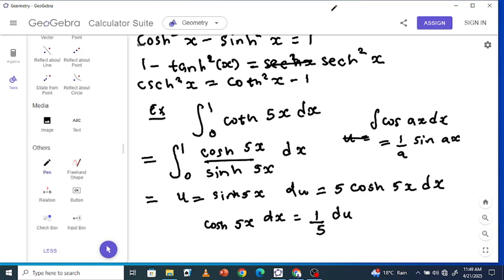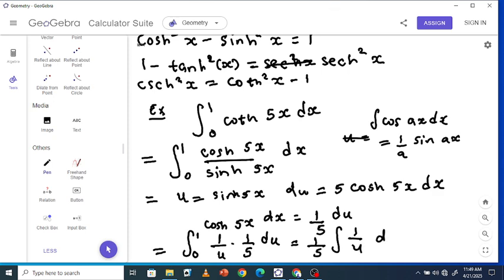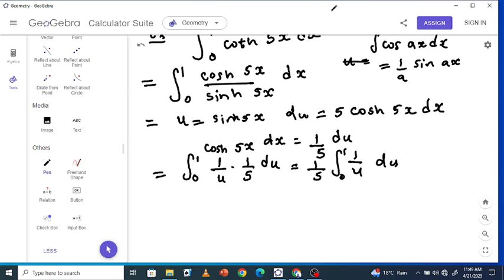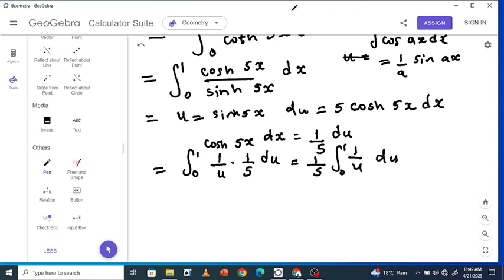When we replace, we will have from 0 to 1 of 1 over u times 1 over 5 du. That is 1 over 5 integral of 1 over u du from 0 to 1. That gives you 1 over 5 ln of u.